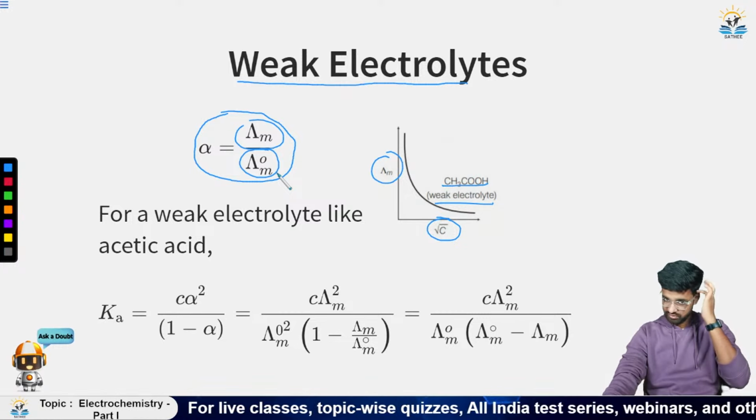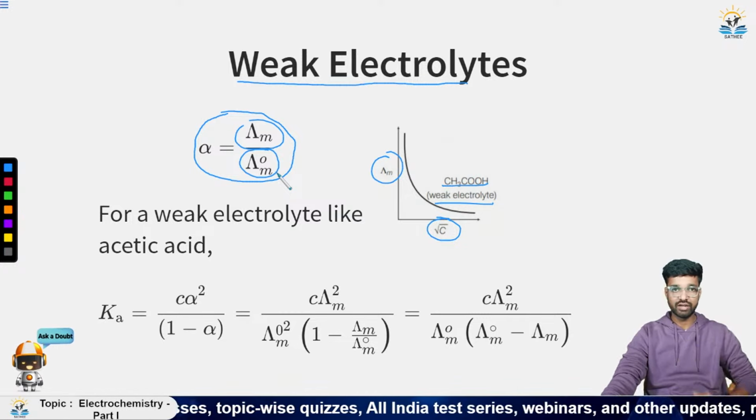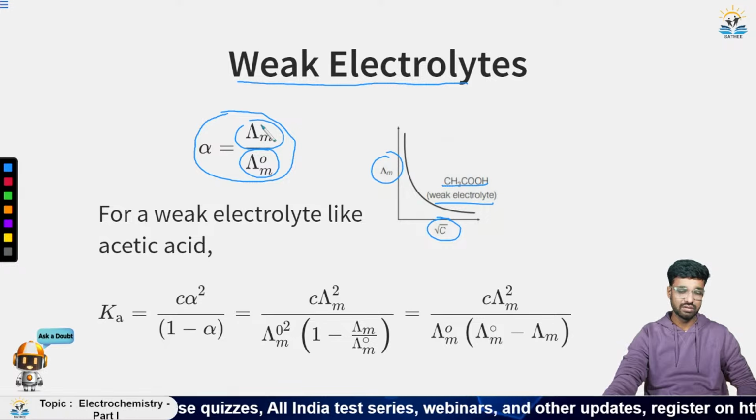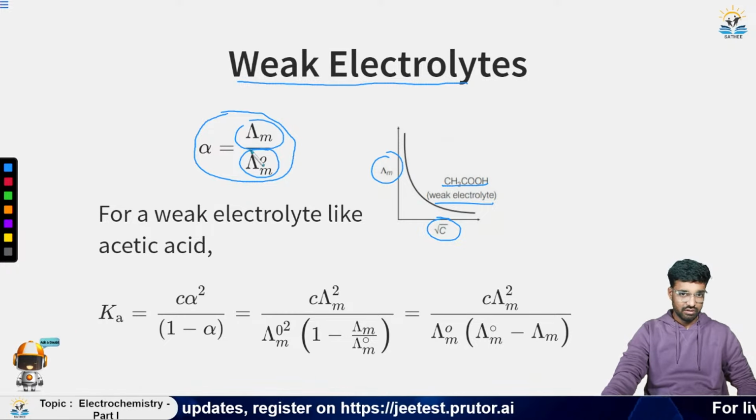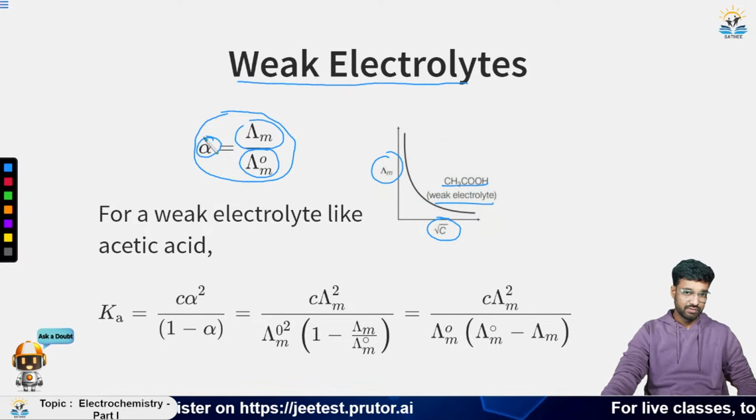So say you have to calculate alpha at a given concentration, then you will simply calculate the molar conductivity at that concentration divided by the molar conductivity at infinite dilution, and this ratio will give you alpha.